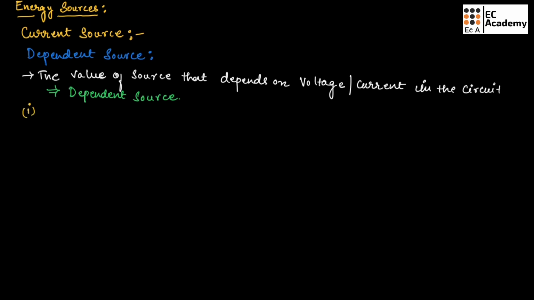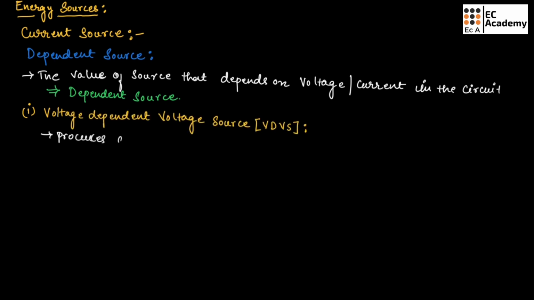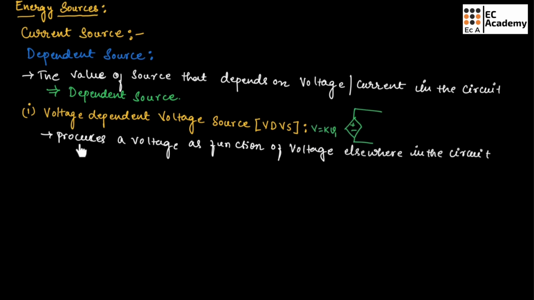First one is voltage dependent voltage source. A voltage dependent voltage source produces a voltage as a function of voltage elsewhere in the circuit. This is the representation of a voltage dependent voltage source.